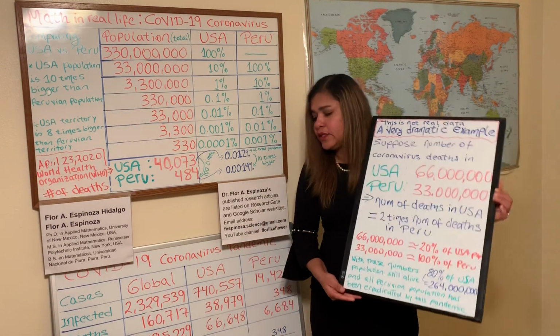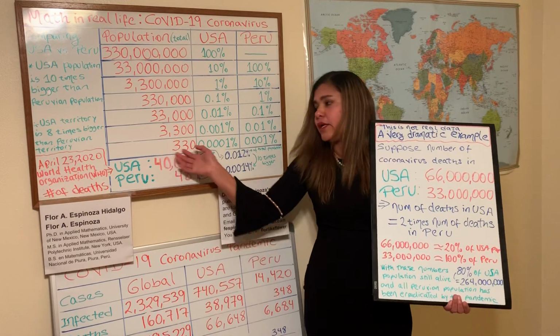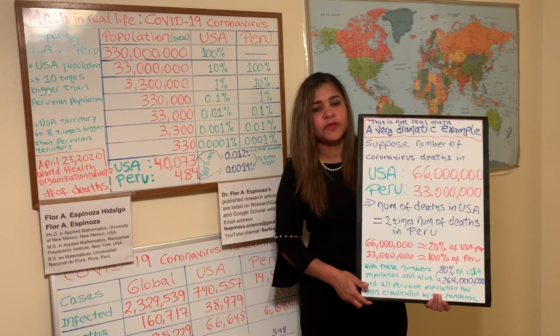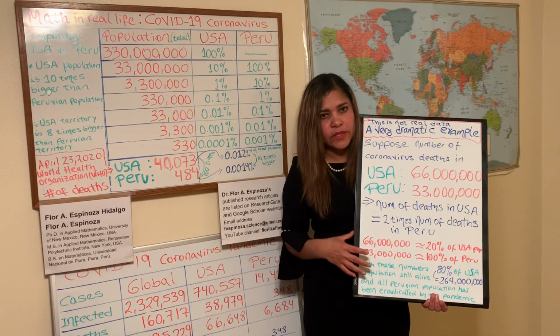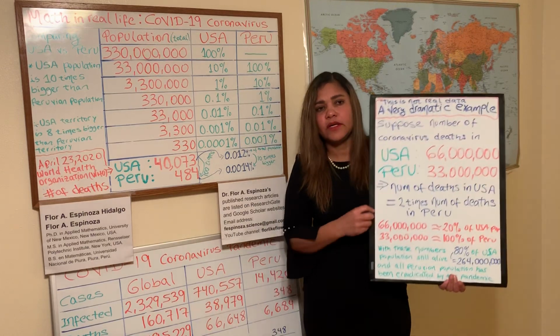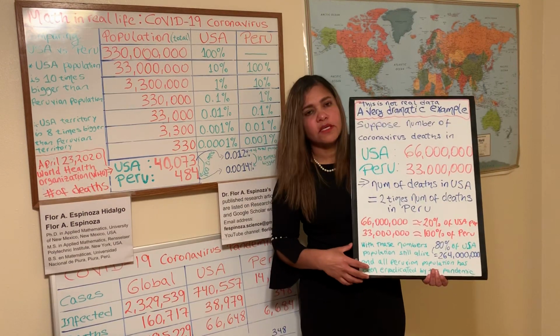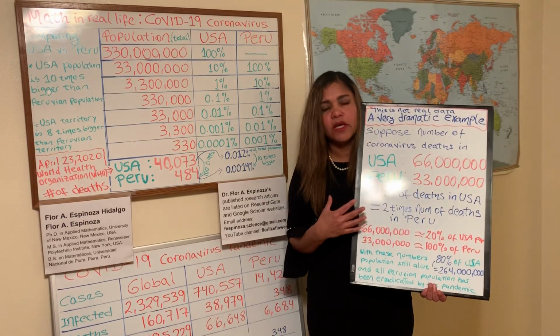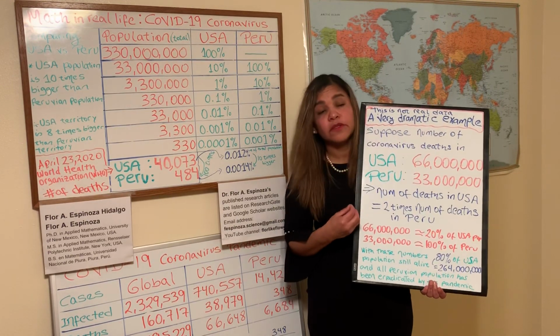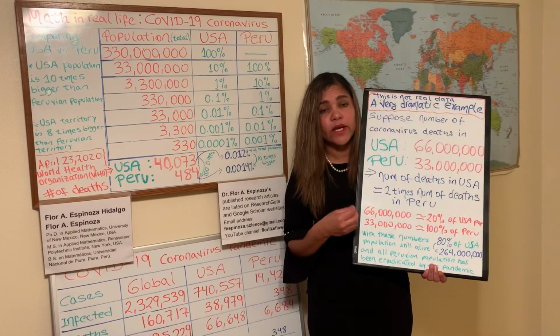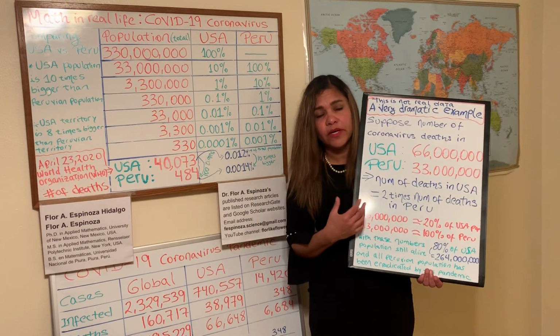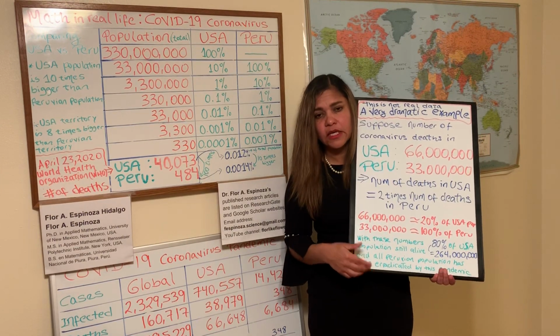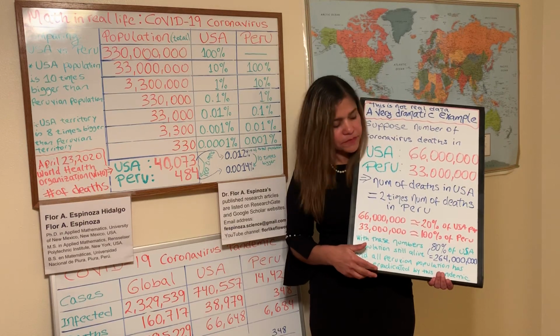What I show in this table on the right is real data. In my example, I'm going to show you what I call a very dramatic example. There's no real data. It's just for illustration purposes, just to be sure you understand the importance of accounting for population size when you compare the number of infected or deaths between two countries.